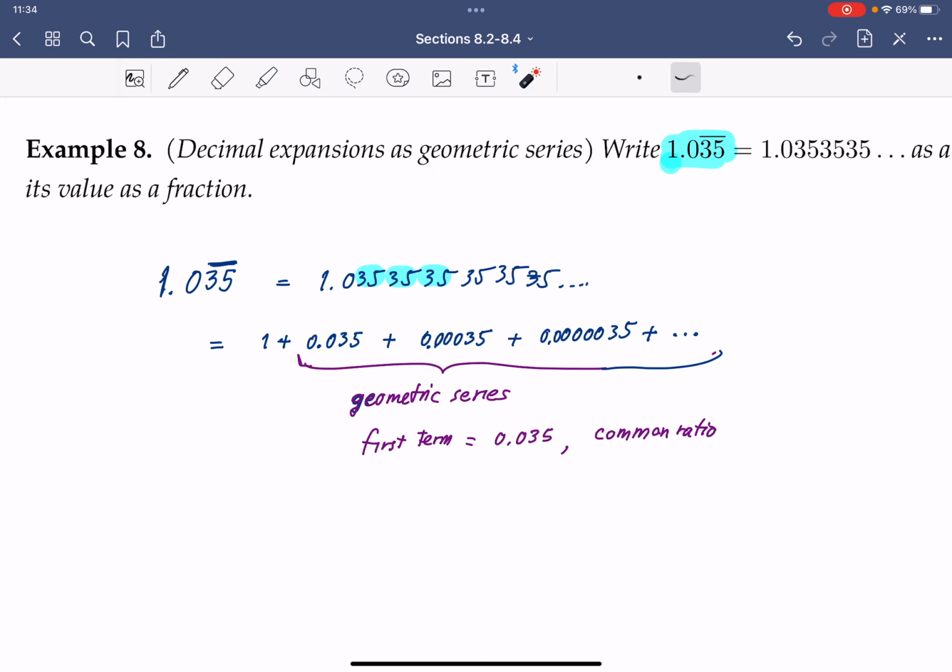Each time you go from one term to the next, you just move the decimal 2 units, so you multiply by 1/100. So every time you multiply by the common ratio 0.01, the decimal just shifts by 2. This is a geometric series where absolute r is 0.01, less than 1, so basically this is a convergent series.